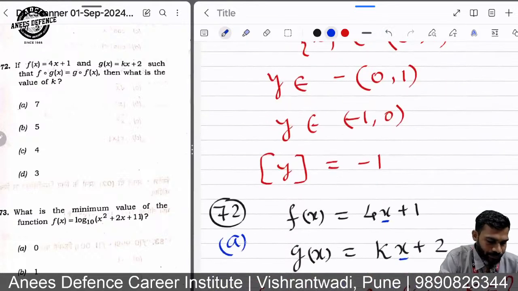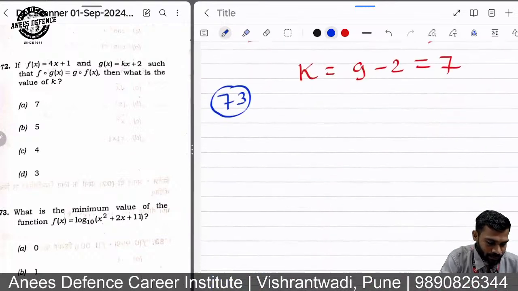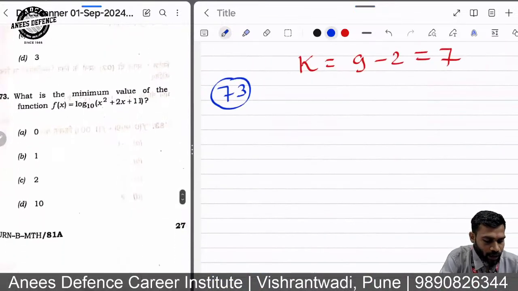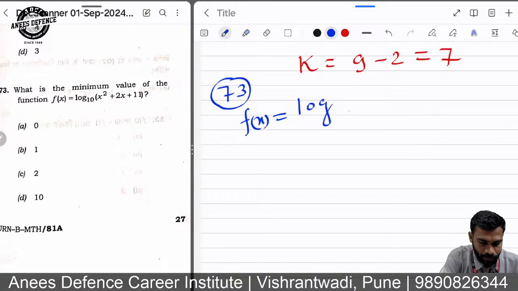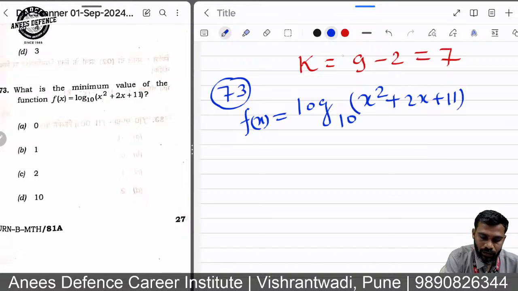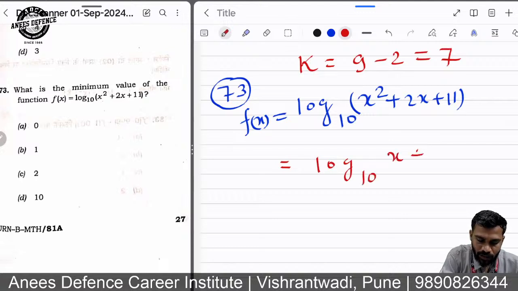Option A. Now, 73. What is the minimum value of this function? f of x is equal to log of x square plus 2x plus 11. So see, I can write log base 10 of x plus 1 whole square plus 10, right?